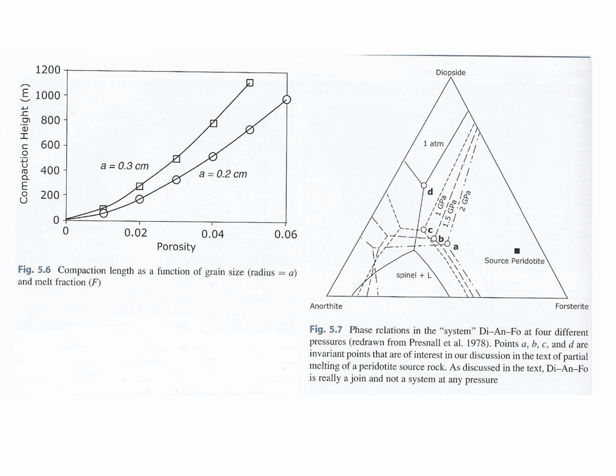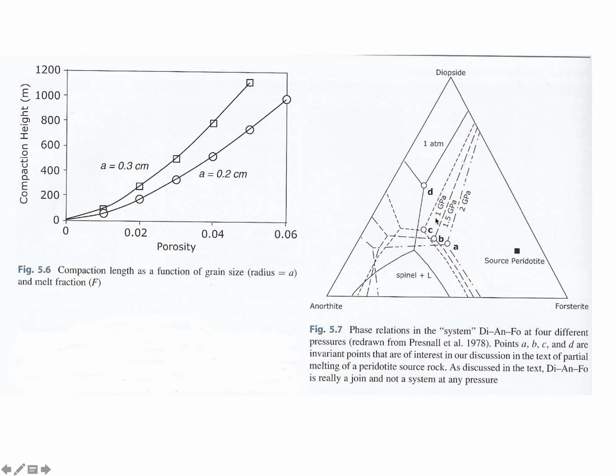On the left hand, we have the phase relationship in the system diopside, anorthite, forsterite at 4 different pressures. We have here 1 atmosphere, that is at the surface.